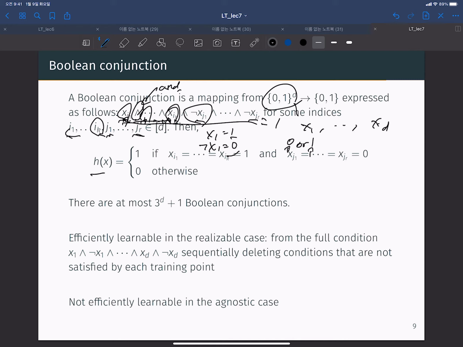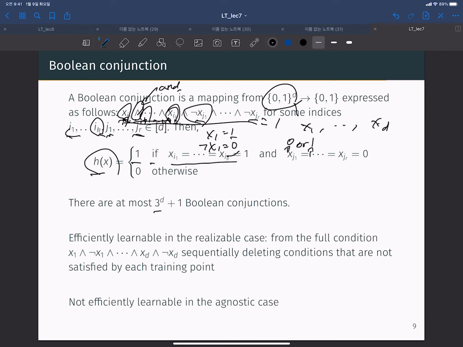So h(x) is equal to 1 if all the x statements are equal to 1 and the not x statements are equal to 0, and h(x) is equal to 0 otherwise. Then we can define at most 3 to the d plus 1 Boolean conjunctions. Why?